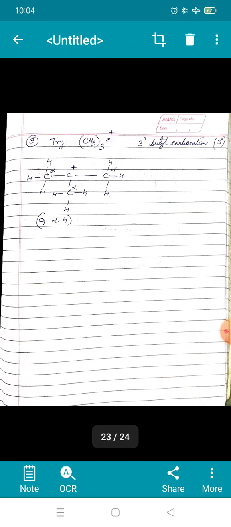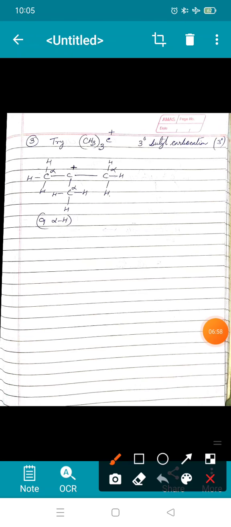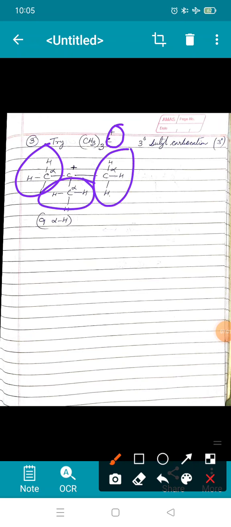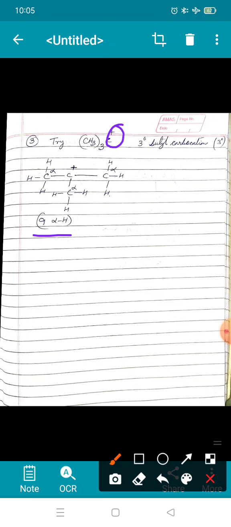Then I have given you homework as the tertiary carbocation, where this is the carbon which is attached to 3 methyl groups. All right. And since each of the methyl groups has 3 hydrogens, you can see there are 9 alpha hydrogens. So you will be getting 9 structures. You can begin with any of the methyl groups. So suppose here I involve this one.